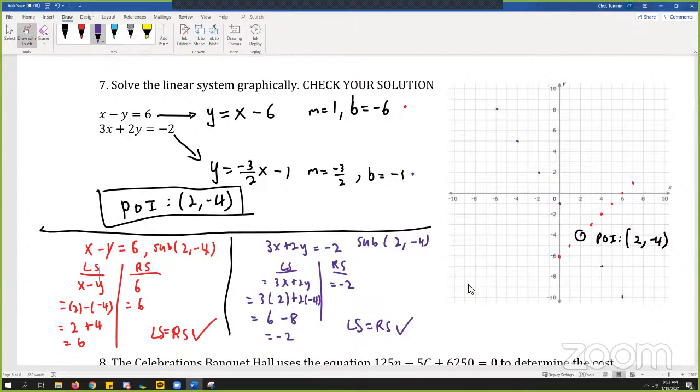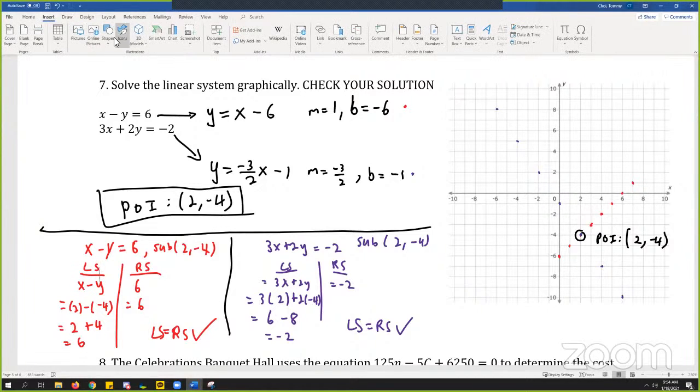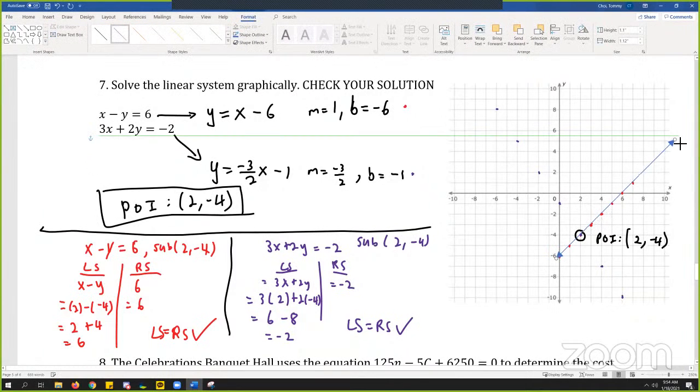So once again, when you're asked to solve the linear system graphically, you are to change the equation to y equals mx plus b form, or solve for your x and y intercepts to graph your two lines. The whole point, graph the two lines. Number two, once you have graphed it, you should be able to identify the point of intersection. If I physically draw the line here, right?